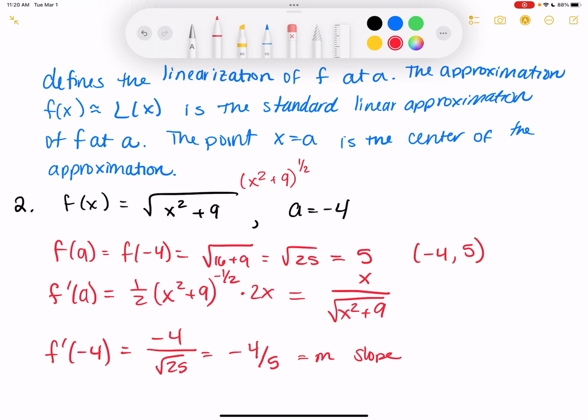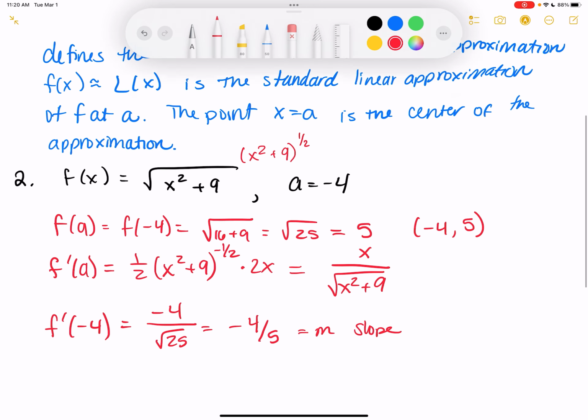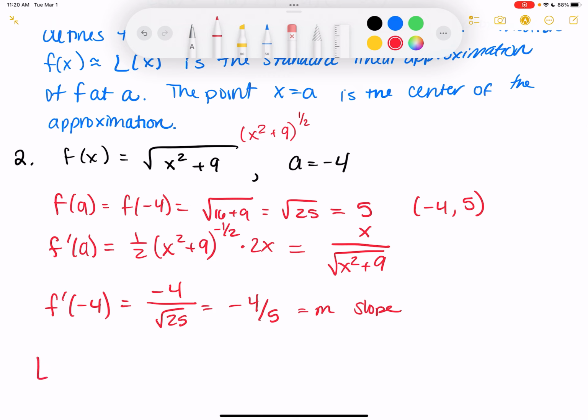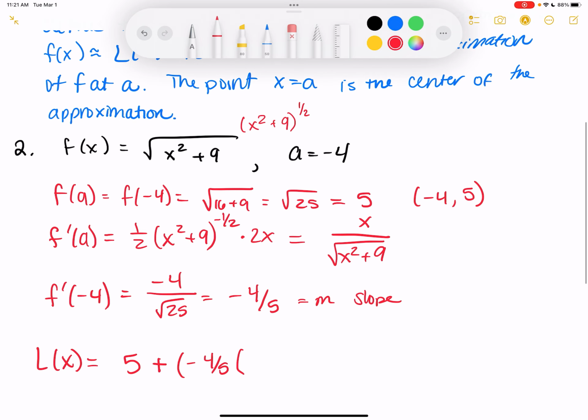All right, so now we have all the pieces. I'm going to put together the L of x equation. L of x is equal to f of a, which is 5, plus f prime of a, which is negative 4/5, times x minus a, so x minus negative 4, so x plus 4.